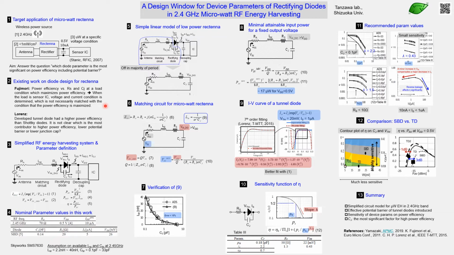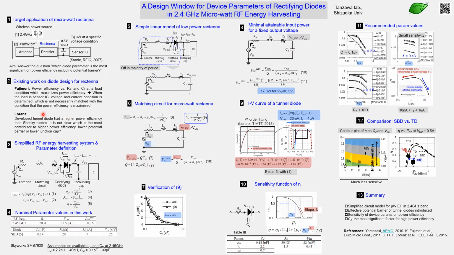In this situation, the voltage and current conditions are determined to get maximum power efficiency. That is not the case when the Rectenna drives the sensor IC, which needs a specific voltage condition.